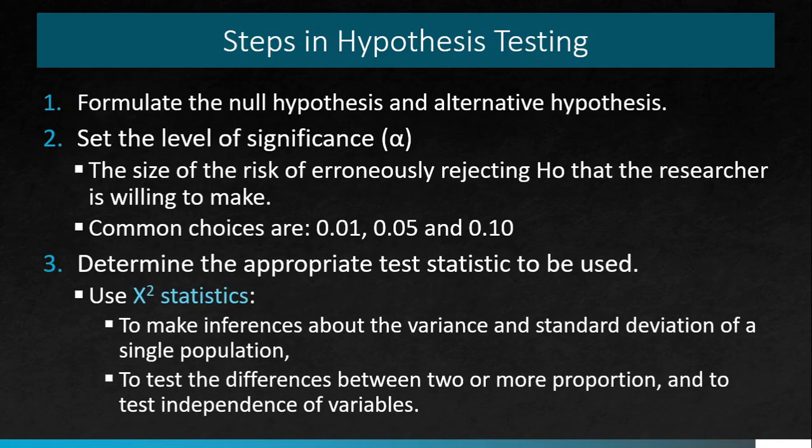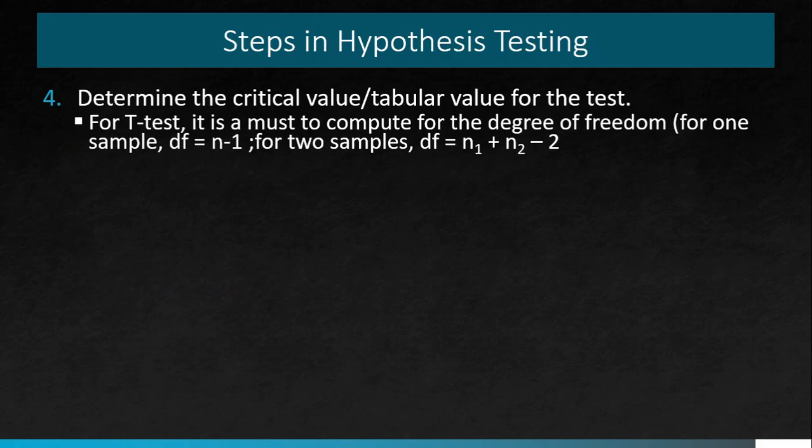And for chi-square test, you will be using it if you will test the independence of variables and if the given is in the form of proportion or percentages, or if you will test the differences between two or more proportions.